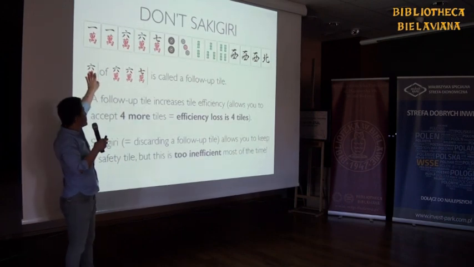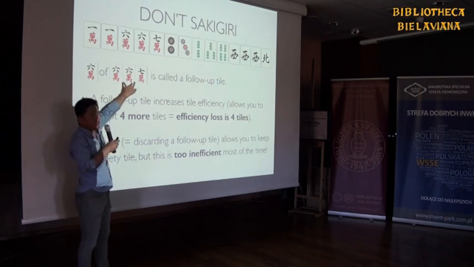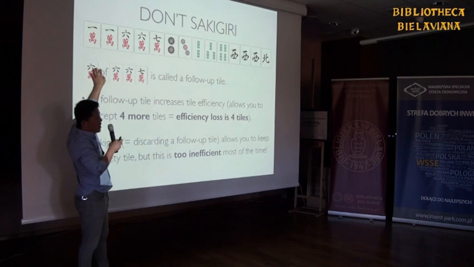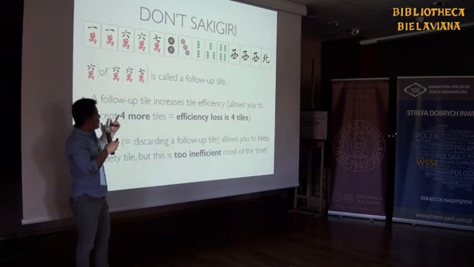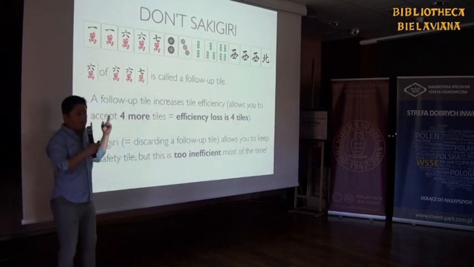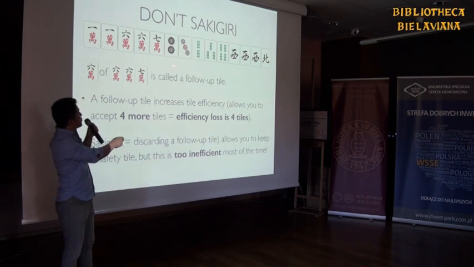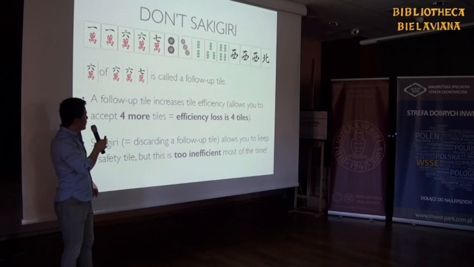So the additional 6 in this block is called a follow-up tile. And that follow-up tile is the one that would make a hand perfect runaway, if you draw more tiles to advance the hand. Right?